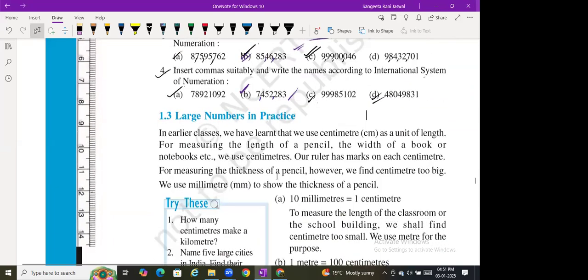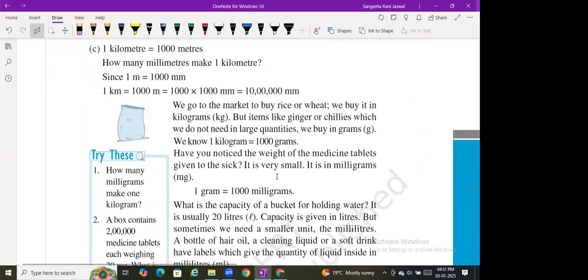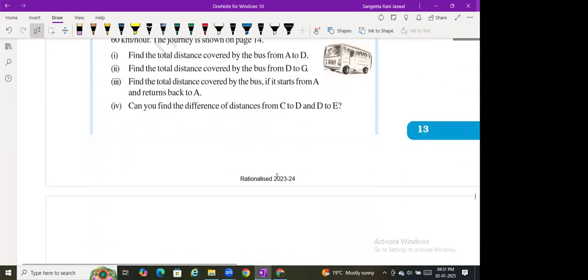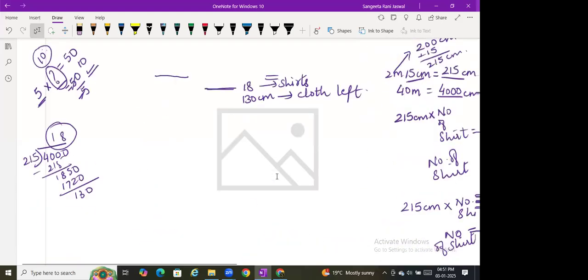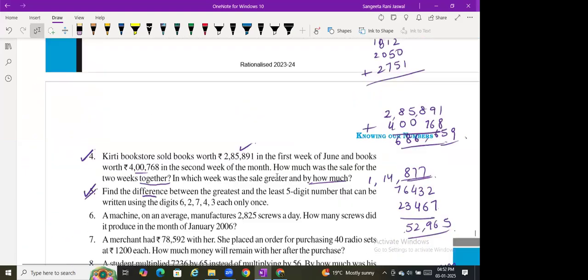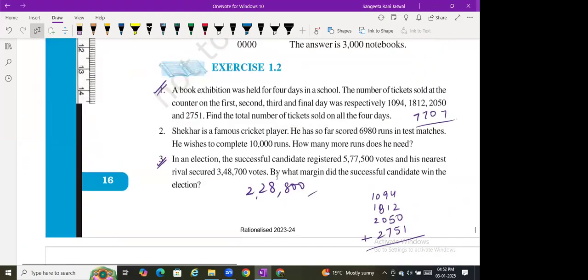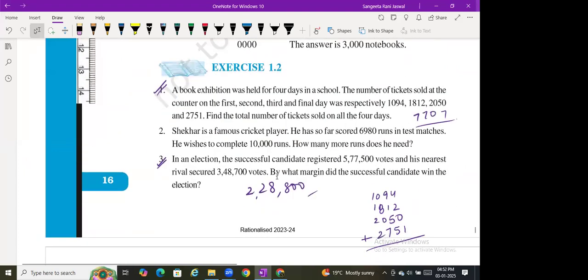Now large numbers in practice. Okay. Let's see some more questions here. Oh, where are the questions? Okay, this is now some statement sums. A book exhibition was held for 4 days in a school.